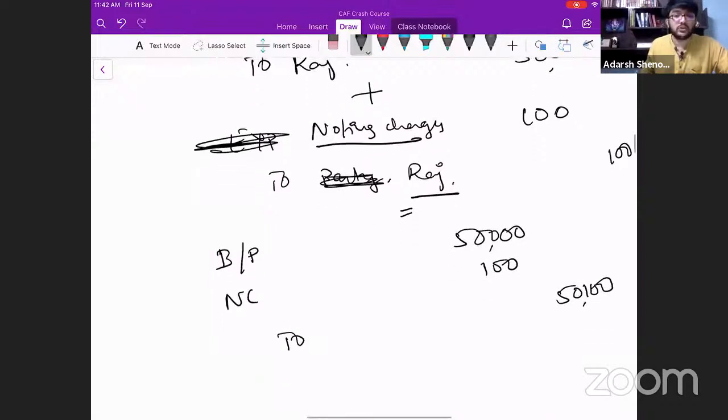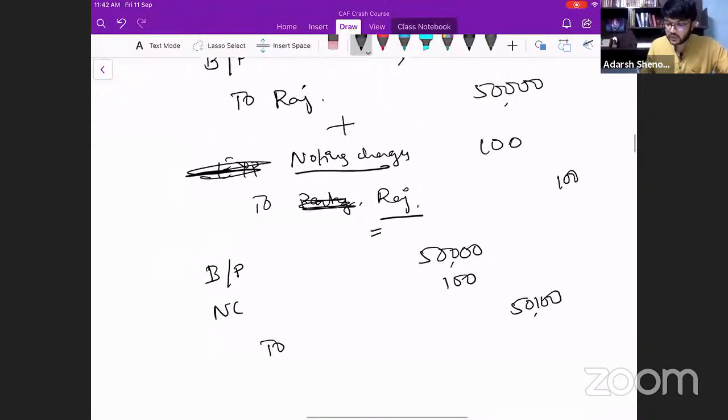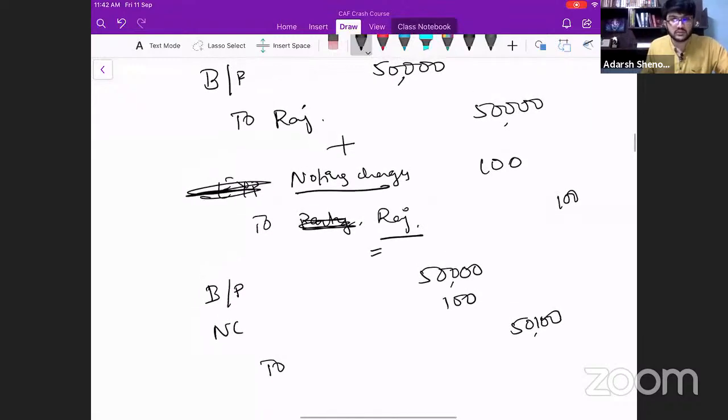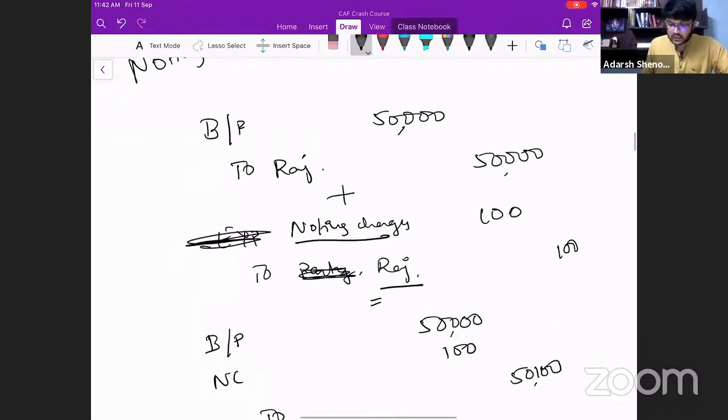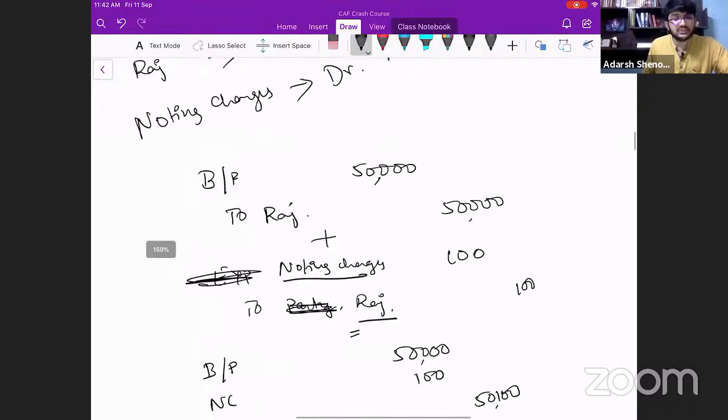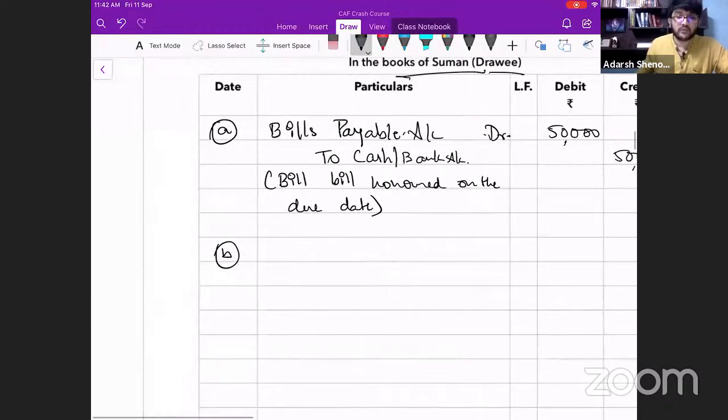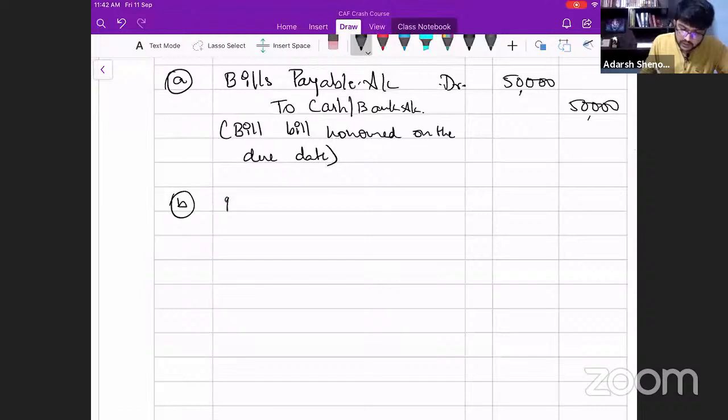We have a total obligation of 50,100 towards Raj. This is towards the bill plus the noting charges. So the total obligation is how much? Oh, boys and girls, what is the total obligation? 50,100 is the total obligation. Okay. Understood this? So we have to write this now. Bills payable account is debited.